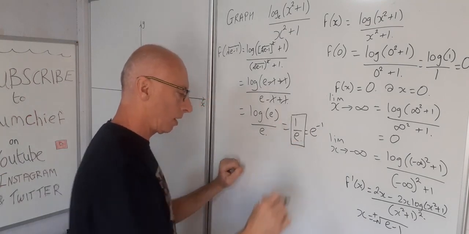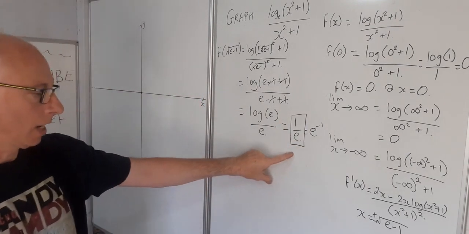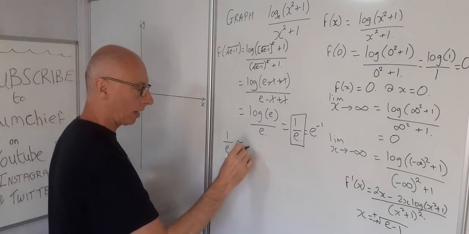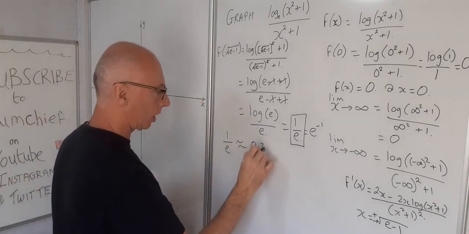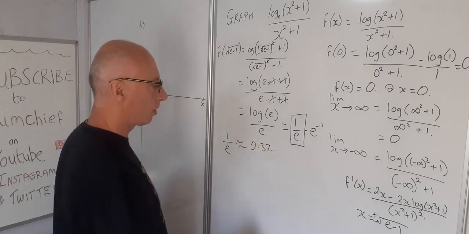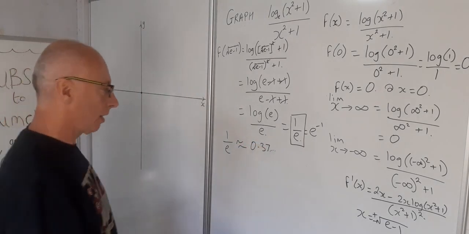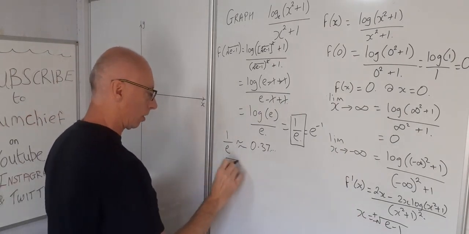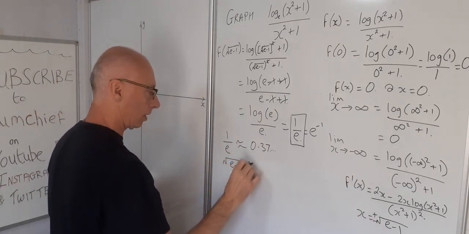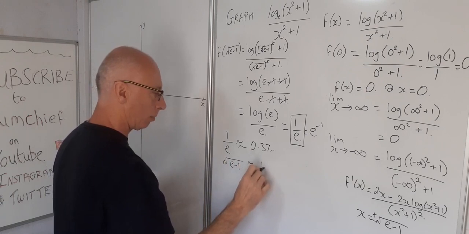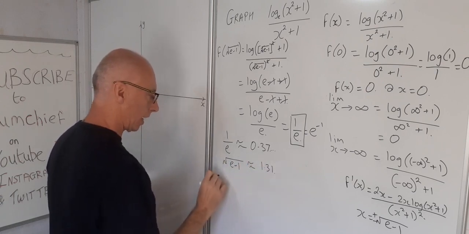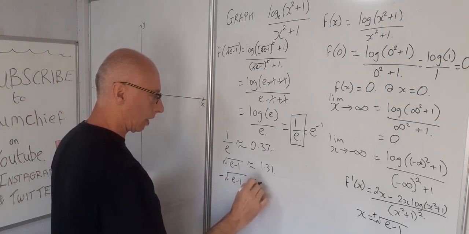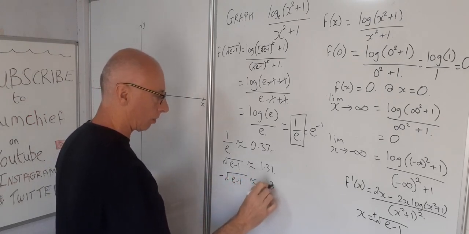Now for those of you that are interested, 1 over e is approximately 0.37 and so on. And the square root of e minus 1 is approximately 1.31, and the negative square root of e minus 1 is obviously approximately negative 1.31.